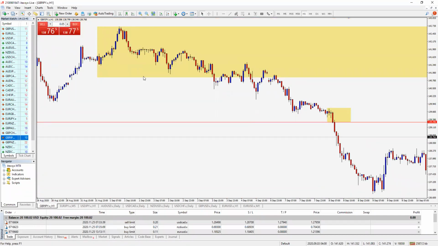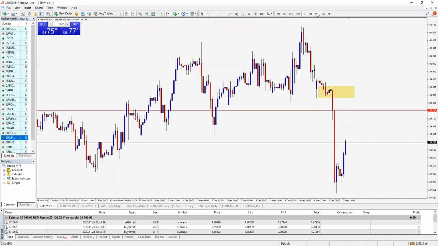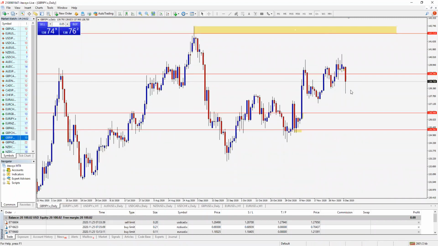And here, nothing very clear all the way to maybe there. So I'm neutral for pound yen. I'll be willing to both buy and sell this market. I don't have a clear bias on this one.